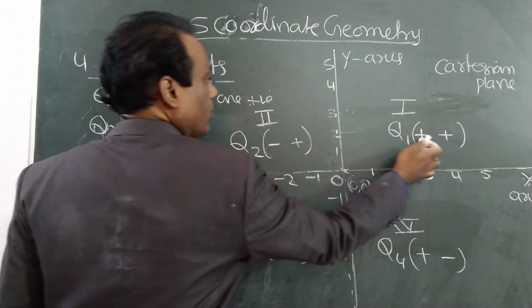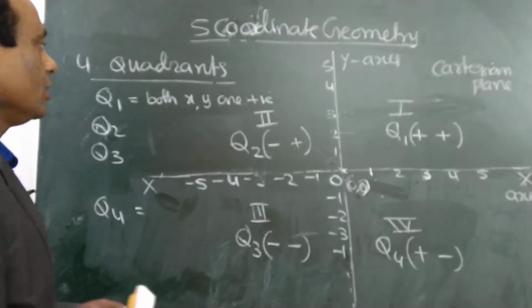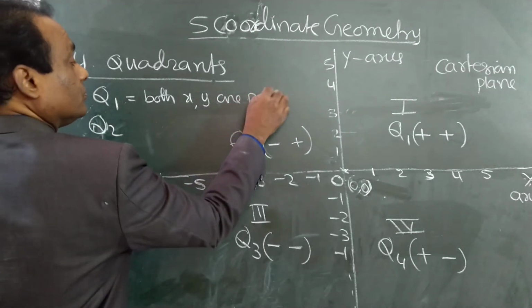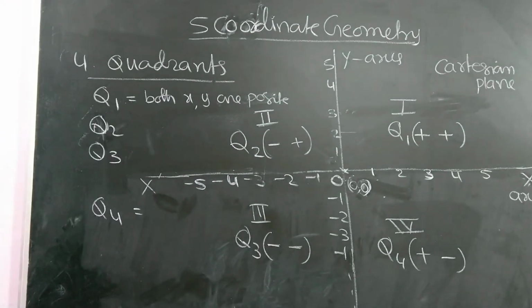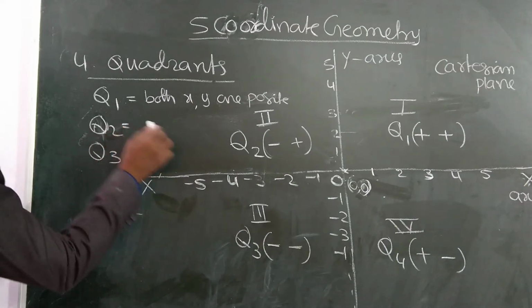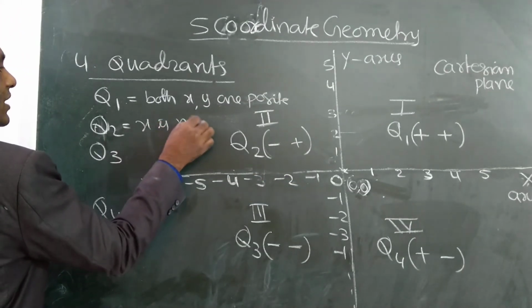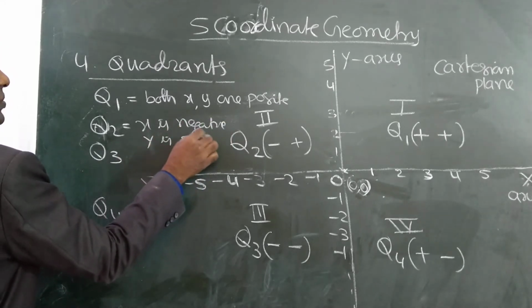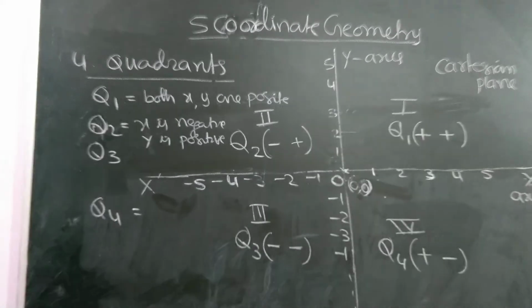In first quadrant, both x comma y are positive. Q2 is equal to x negative, y positive. X is negative, y is positive.